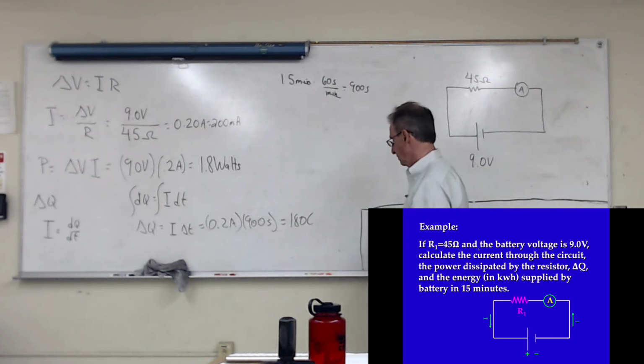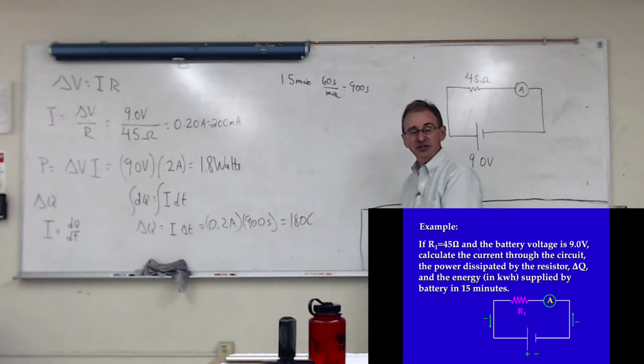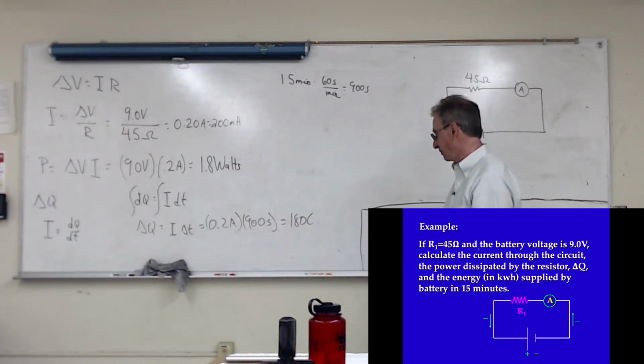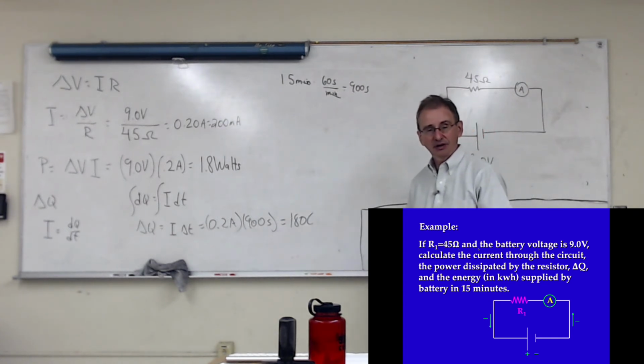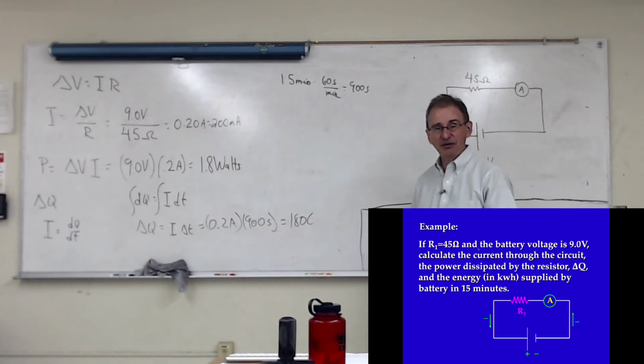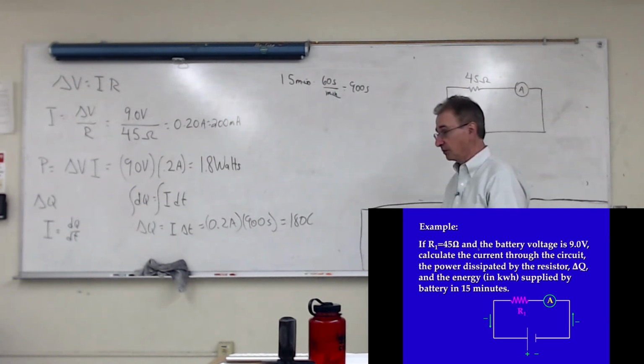If you have a car battery, you can figure out how much charge your car battery can deliver based on its ratings. They'll be rated in amp hours. An amp times an hour is charge, but you got to convert the hour to seconds, and then you can see how many coulombs it can deliver.